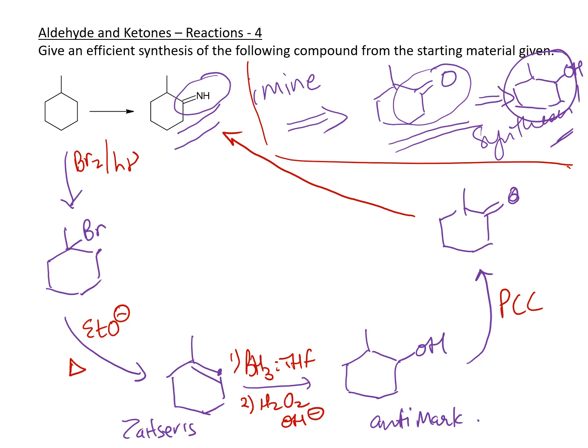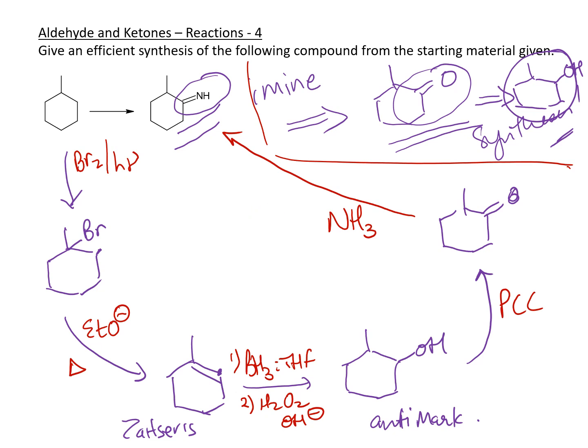Here we just need ammonia because we don't need anything else on the nitrogen. When you're forming an imine, the nitrogen needs two hydrogens, so two hydrogens and a hydrogen. Instead of writing that, just write ammonia, and that's good enough.